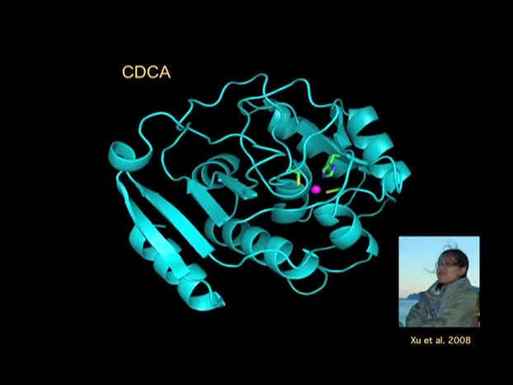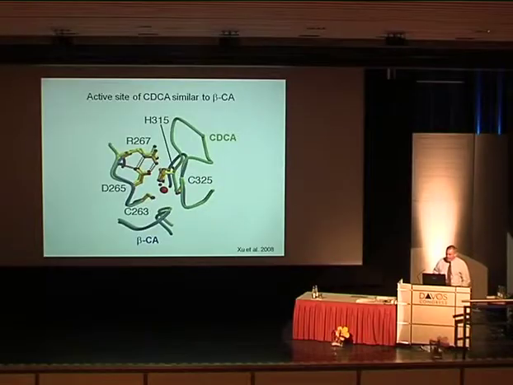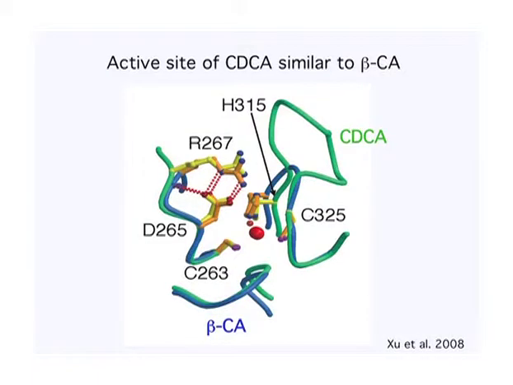By the way, this is a picture of the enzyme. I'm very fond of those ribbon pictures of molecules. I think they're quite pretty. And so how does the CDCA work? So here is pretty much the metal binding center of this enzyme. CDCA is in green, and superimposed in blue is this beta carbonic anhydrase, which has been characterized from Pisum sativum, the English peas, which is the only one that has a complete, really nice X-ray crystallization characterization.